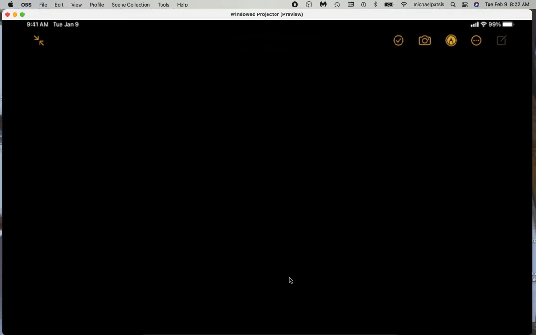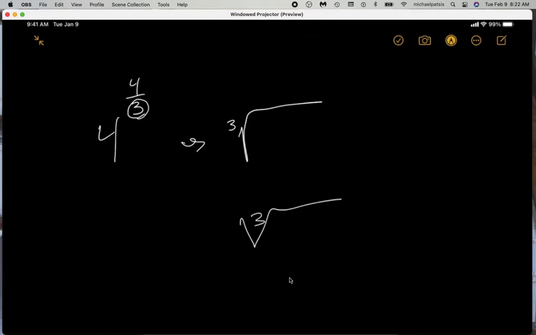Here's another one. 4 to the 4/3. Here's your root. It's underground. Now, I find it's helpful to draw the symbol first and then put the root in. I find that if you do this first, and then you go to do that, you end up getting this wide, unseemly type of situation.